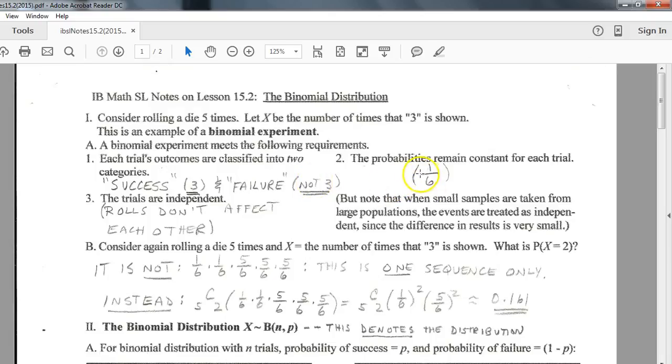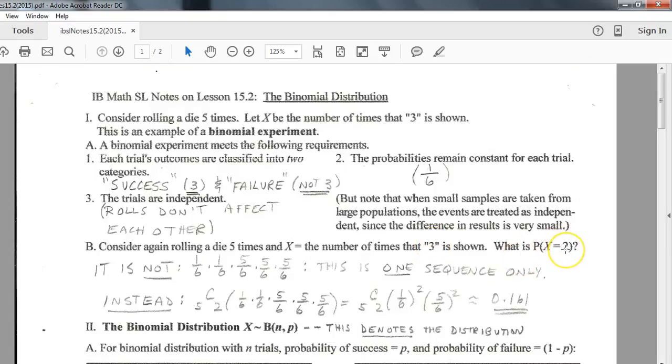We know the probability of getting a 3 would be 1 out of 6, right? Every number shown on a die has a probability of 1 out of 6. So if we're rolling that die 5 times, we're calling this event X, and in this case we're defining event X as the number of times that a 3 is shown.